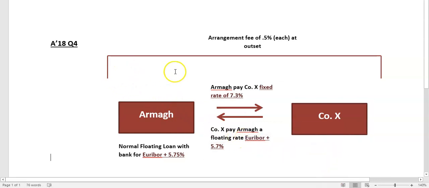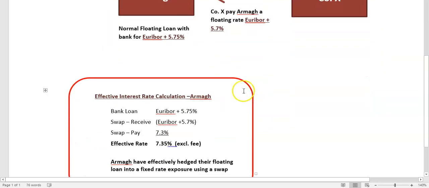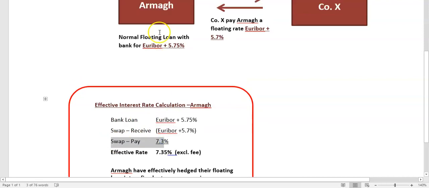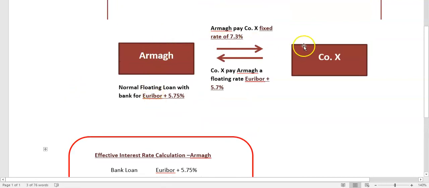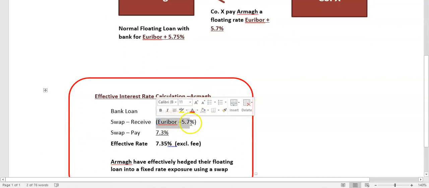But if we take all of these together, we can see the net outcome for Arma of this swap. So they're going to have two outflows, Euribor plus 5.75, that's an outflow, so we leave that as positive, and they're paying the swap 7.3. So one is going to its bank, one is going to Company X, and they're getting in Euribor plus 5.7 from the swap.